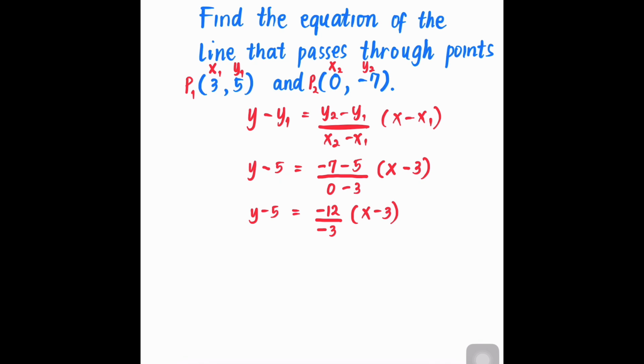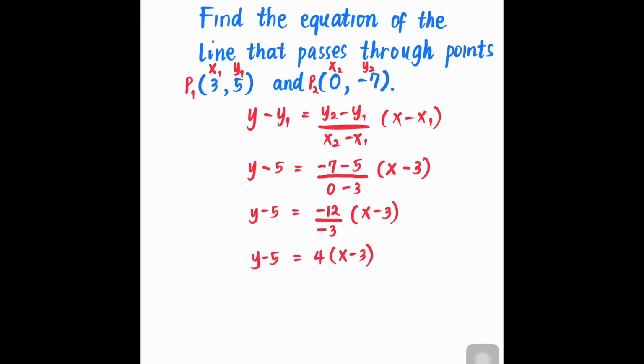Okay. So y minus 5, simply copy. This part right here needs simplification again. So negative 12 divided by negative 3. When we divide two negative numbers, the quotient will be positive. So negative 12 divided by negative 3 is positive 4. And we just simply copy x minus 3.